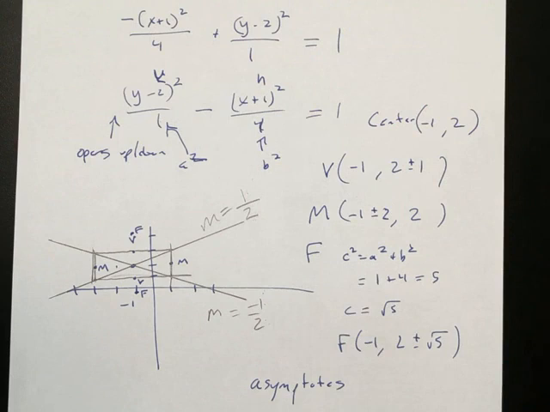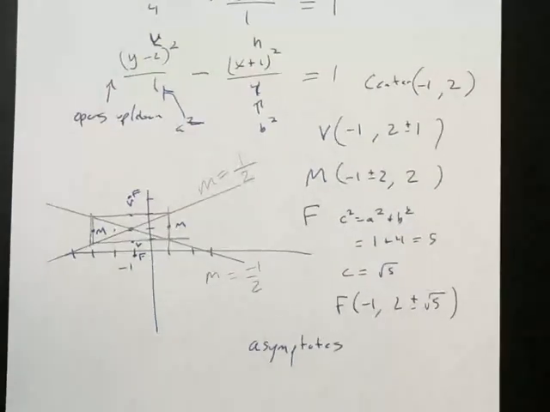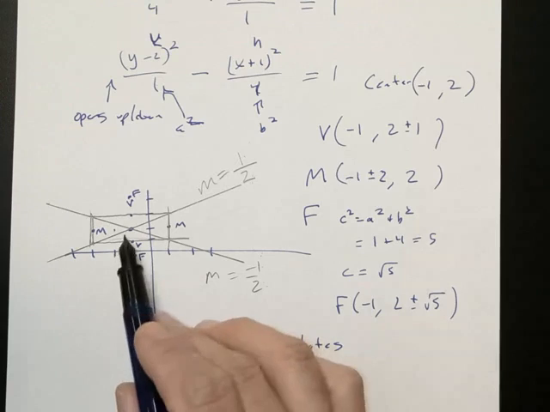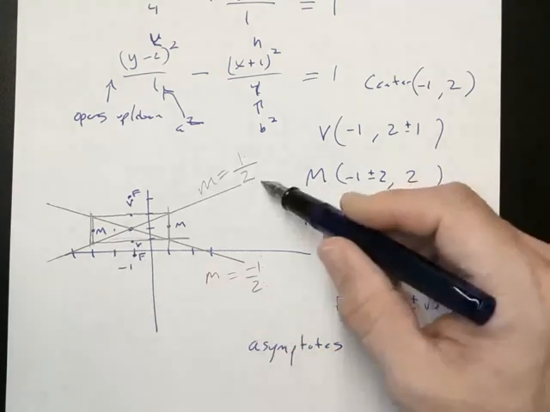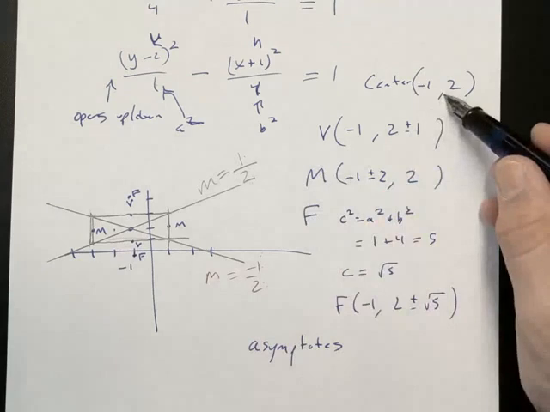So these are lines, right? We just came up with slopes. What's the equation of a line? Well, I don't want to use mx plus b because this isn't going through 0, 0. The point that I know is on the line is the center. So I have a slope and a point.